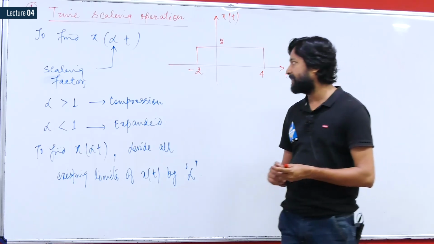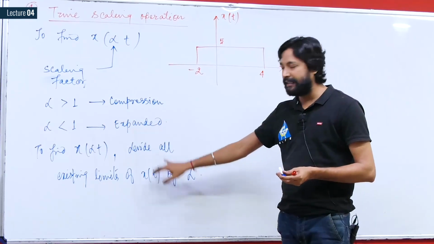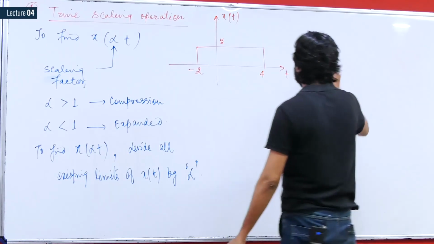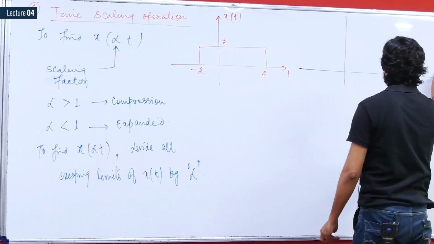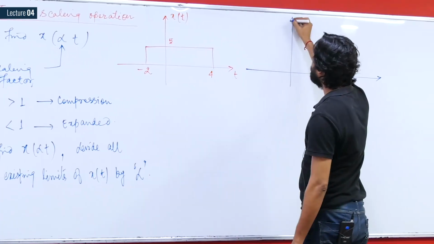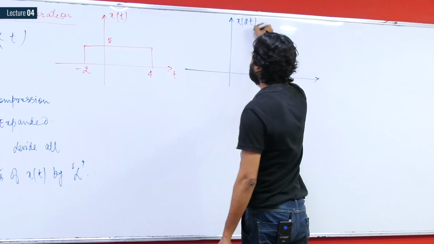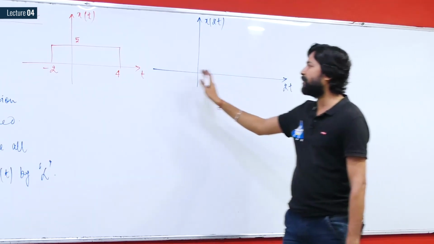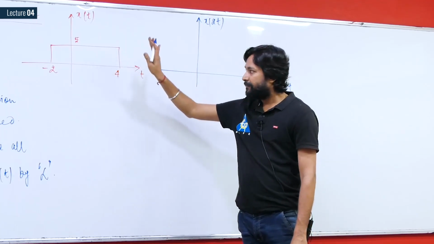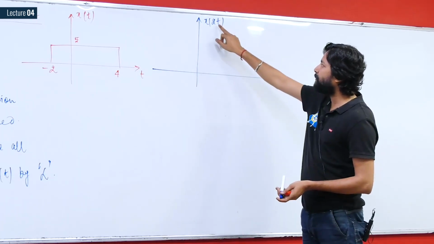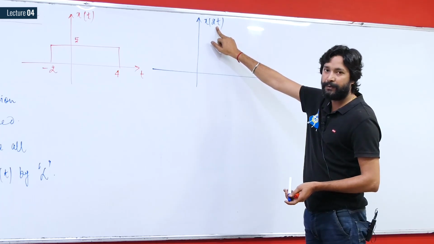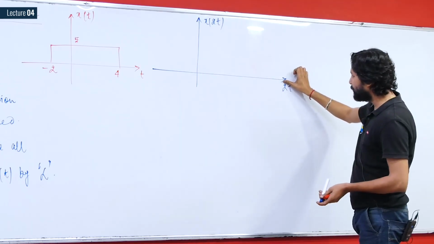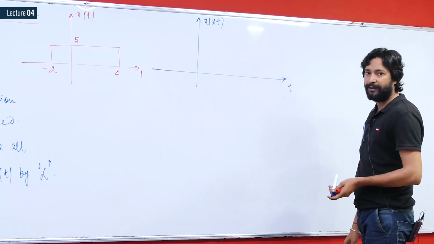How can you say it is a time scaling operation? If it is x of t and we have to find, say, x of 2t, then if we write 2t there, the plot will be the same. But now we want to plot x of alpha t, that is x of 2t, with respect to t only.